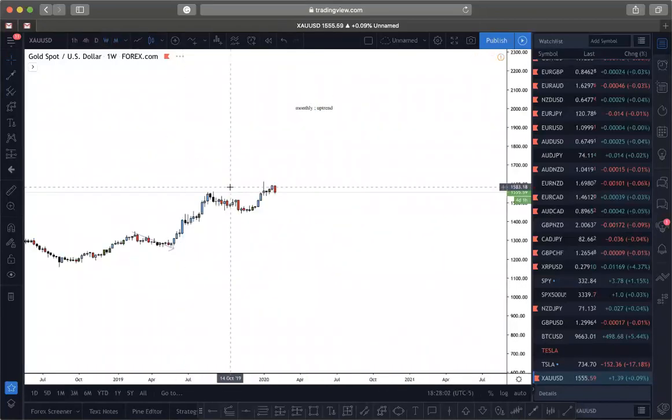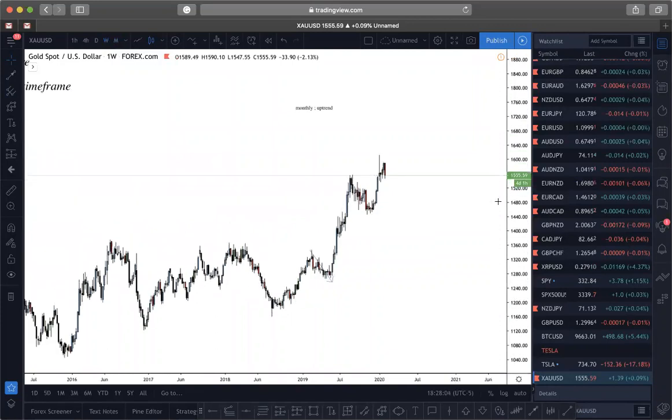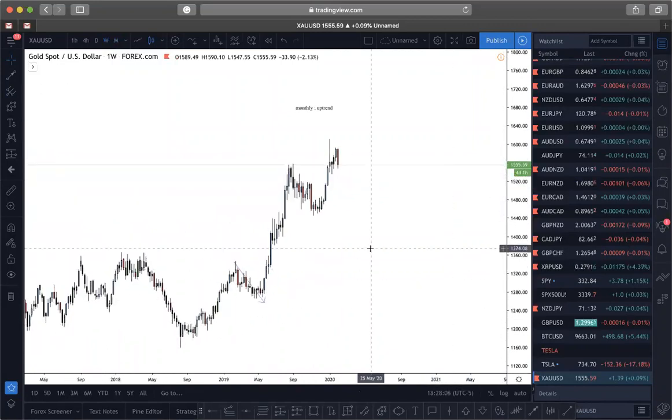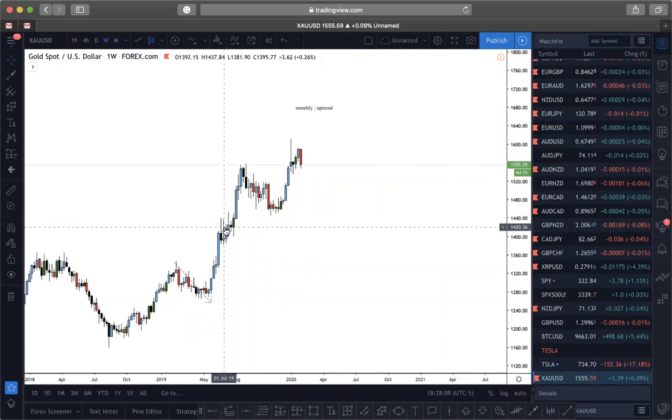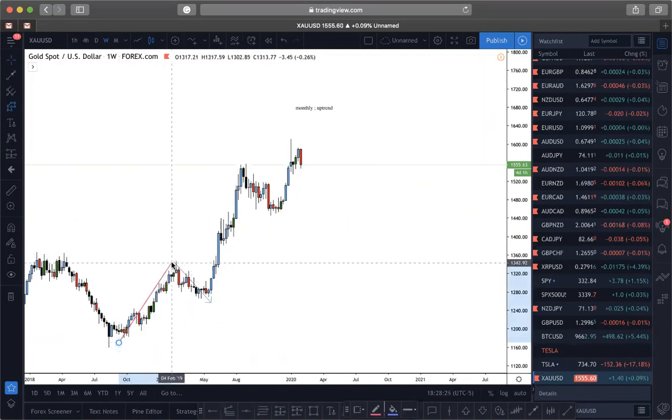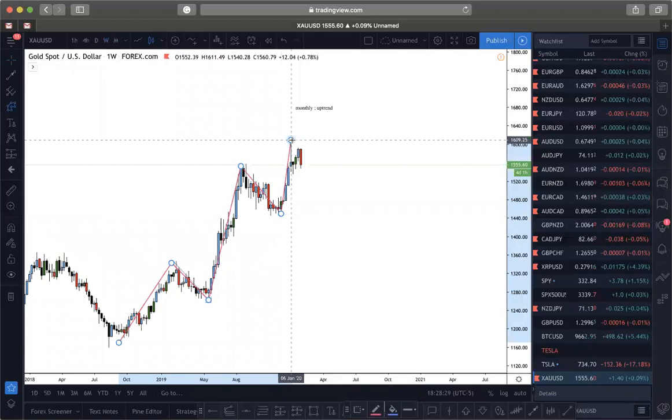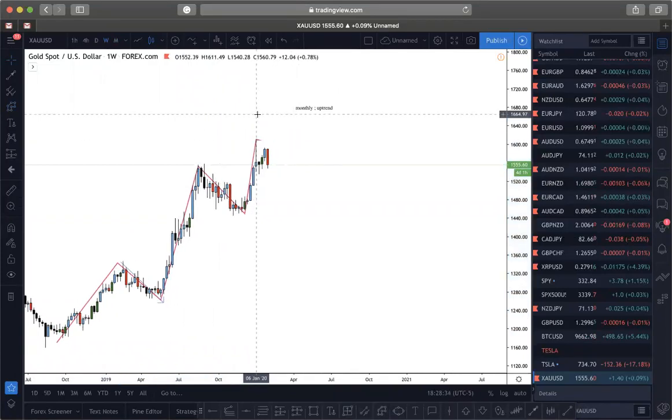So now we hop onto the weekly. This is just so we know which direction we're trading, right? Weekly, we can see it's an uptrend, right? And you need to practice this on your own, right?